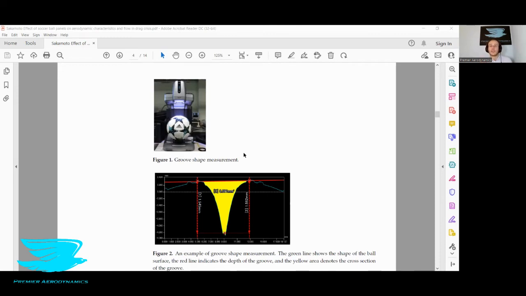Their theory was that it reduces the skin friction drag, but they weren't too sure about that, and I'm not too sure about that either, if that would be enough to override any gains you would get in the pressure drag, because if you have a bigger groove, that means you're going to be making the boundary layer more turbulent, which means that the flow will stay more attached as it goes over the ball. So I'm not sure which drag component was reducing more than the others, or which one was increasing more than the others to make up for that relationship there.